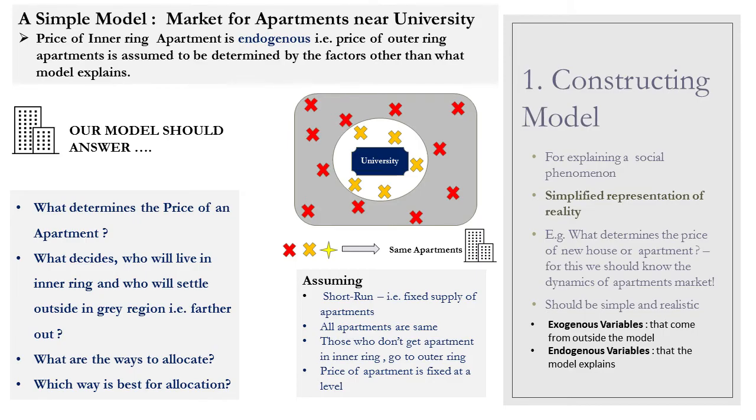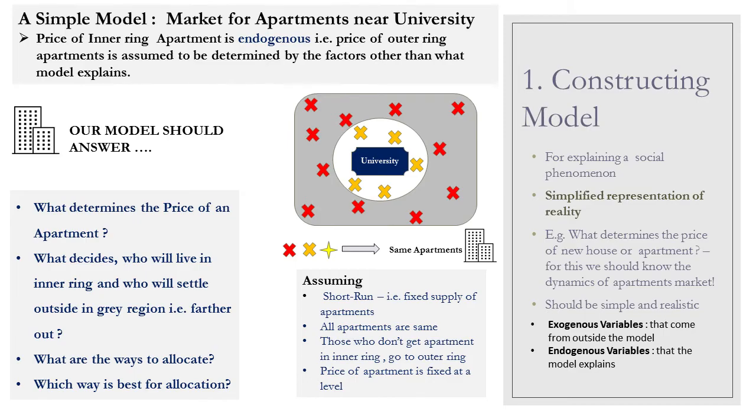So we are assuming that for the ones in the outer region, the price is driven by n number of factors which we don't know, okay? But for the ones in the inner circle, their prices are endogenous. What we mean by that is that their prices are fixed.